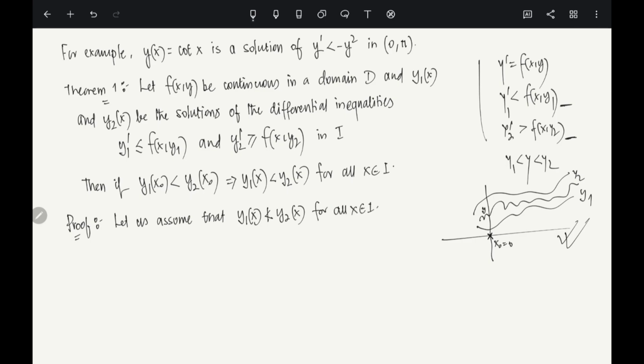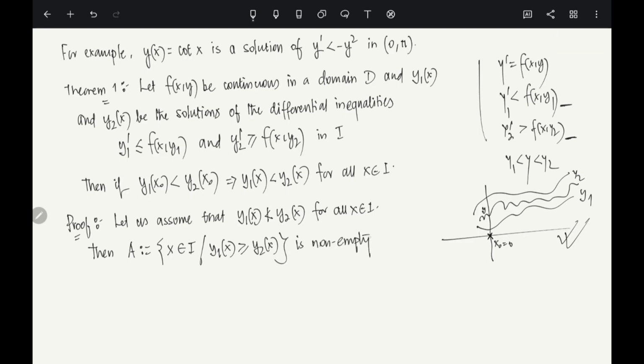It means that there is an x naught in I such that this is not true. Clear? Okay, then the set, let's just call it A, and how do we define it? It is the set of all those x in I such that y1 of x is greater than or equal to y2 of x. Okay, this set is non-empty.